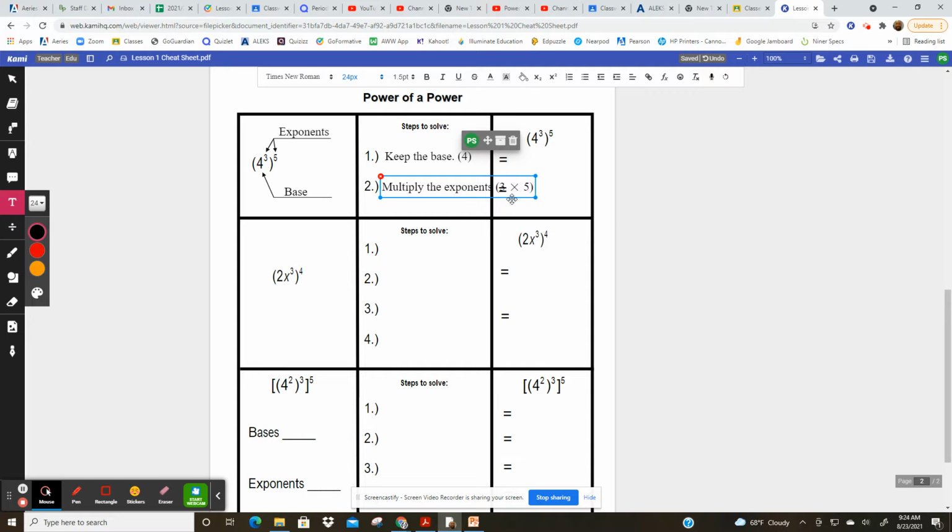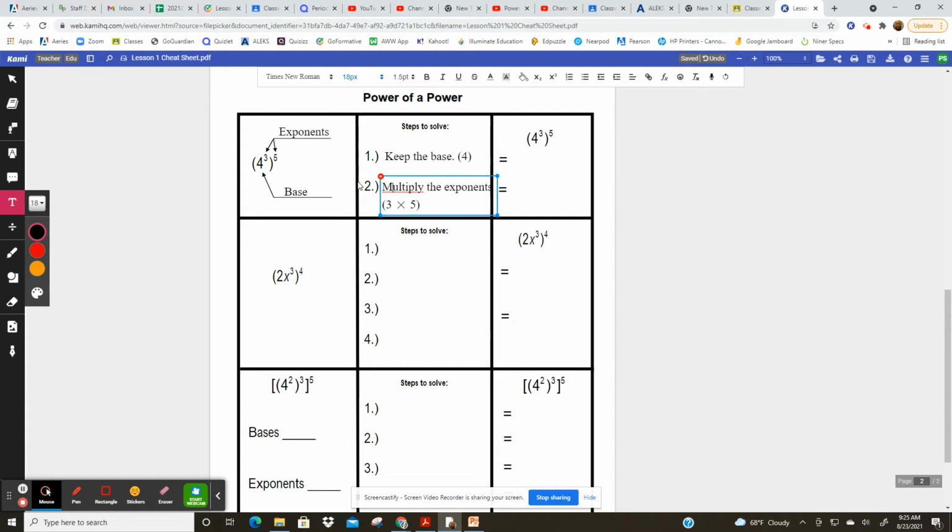I think I'll bring this down, this 3 times 5. My font's a little big. I think I can bring it down over here. Yeah, 24.